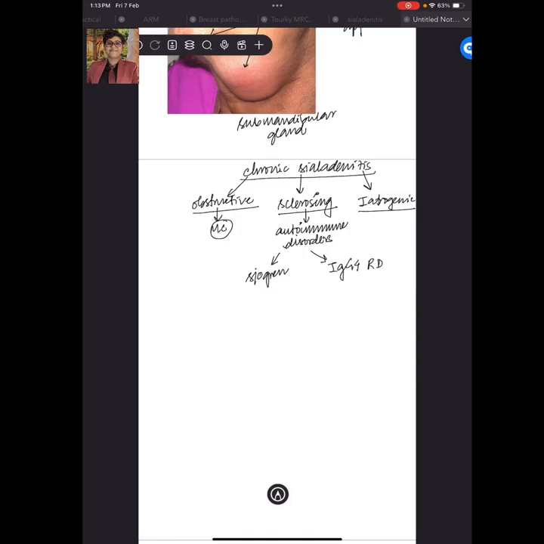These are the two main causes of sclerosing type of chronic sialadenitis. Now, Sjogren is associated with CD4 positivity, whereas IgG4 related disorder is associated with CD4 positivity and CD8 type of cells positivity. This sclerosing type of chronic sialadenitis is given a special name, that is known as Kuttner's tumor.